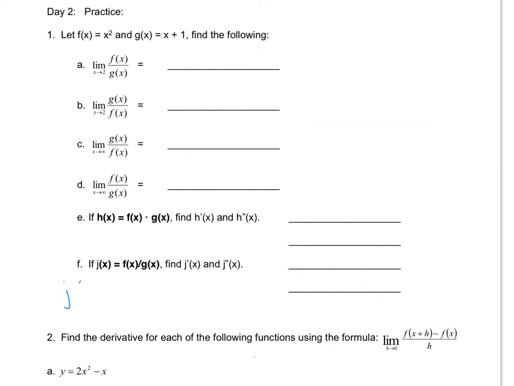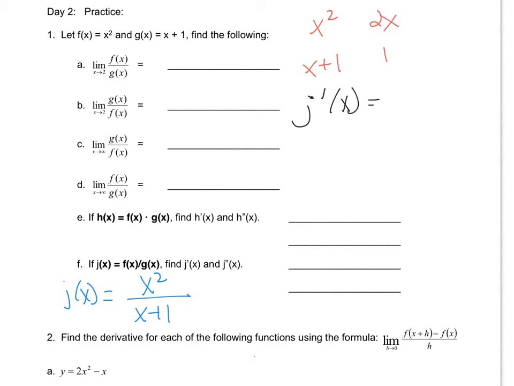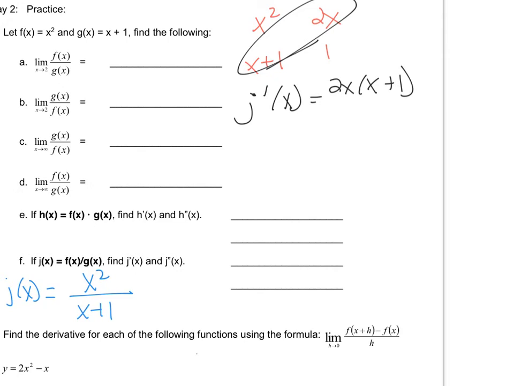So if we write our function, so doing the quotient rule, we've got high and low, d high and d low. So the derivative is low d high minus high d low all over denominator squared.